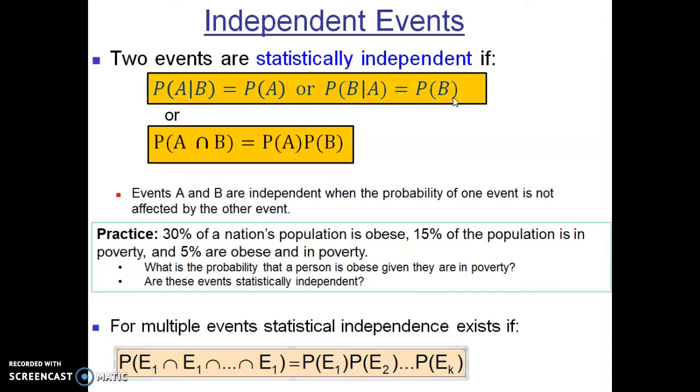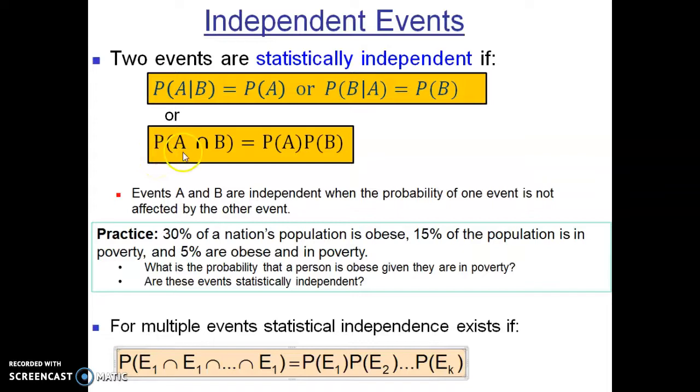Therefore, we know that hot weather and lottery winning is statistically independent. If we try to plug in these scenarios, we get the following. The probability of winning the lottery, given that it's hot out, is the same as the probability of winning the lottery.